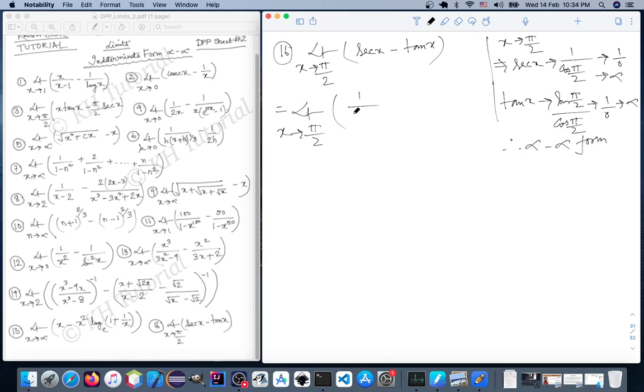This is 1 by cos x minus sin x by cos x. This becomes 1 minus sin x by cos x.